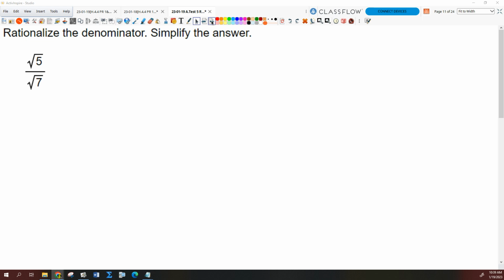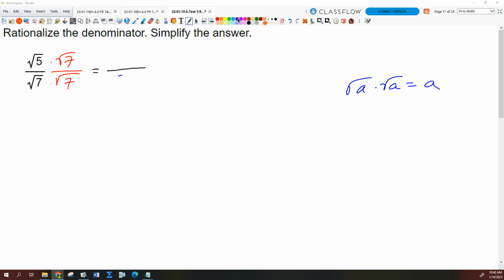How about this one? What do I have to do to simplify this one? Okay, going to multiply top and bottom by the square root of 7. What's that going to give us on the bottom? 7. Yep. And we know that because anytime we multiply a square root times itself, it just undoes the square root.